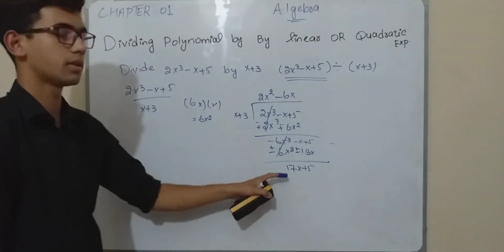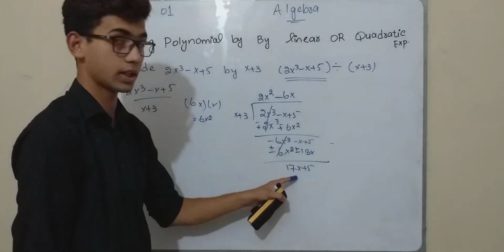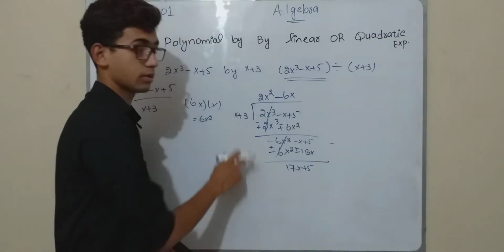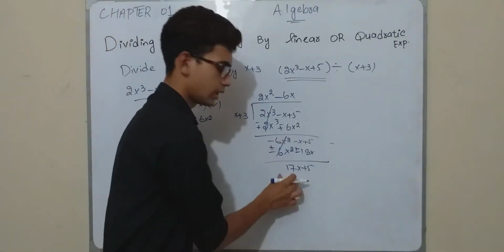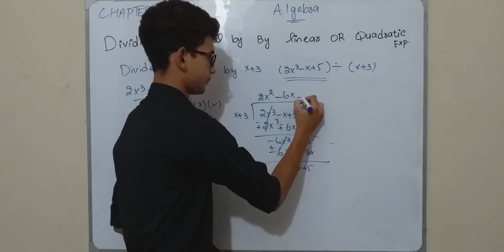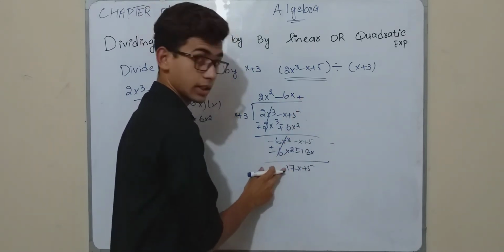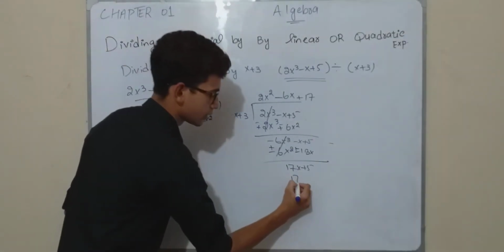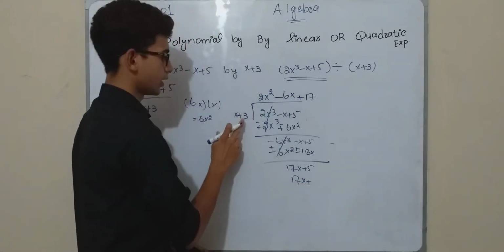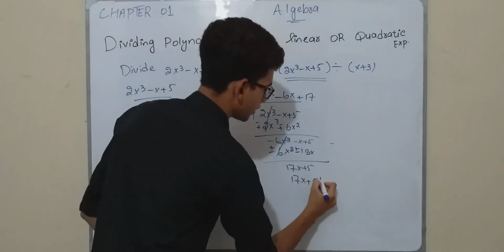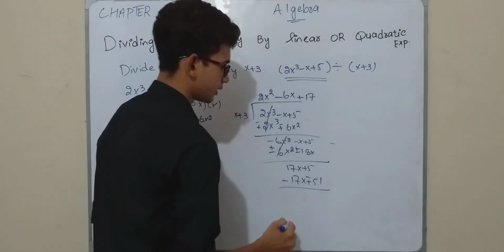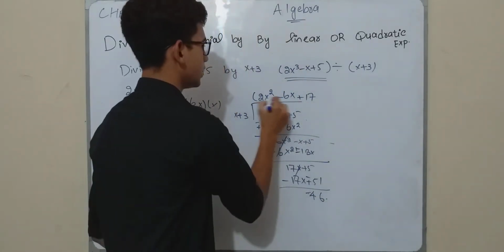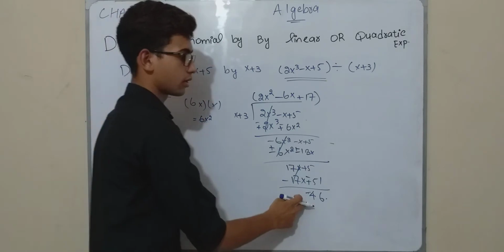Now here the maximum degree of the power is 1, and here it is 2, so I need no variable anymore. I just need to multiply this term with 17 so that the variable is cancelled. Plus the same sign, plus 17. x multiplied by 17 makes 17x, plus 3 into 17 makes 51. We're going to change the sign, this cancels, 46. So this is our quotient and this is our remainder.